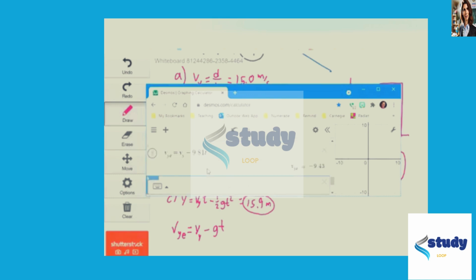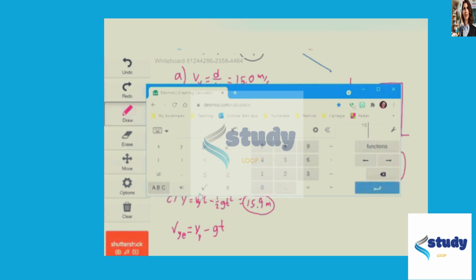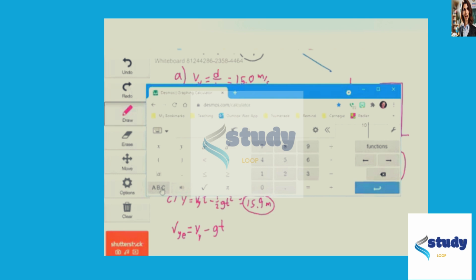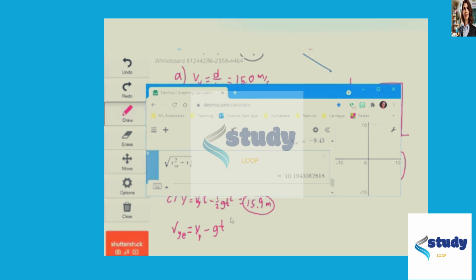How fast is it moving? So now I just have to do the square root of v sub ye squared plus v sub x squared. 17.7 meters per second.